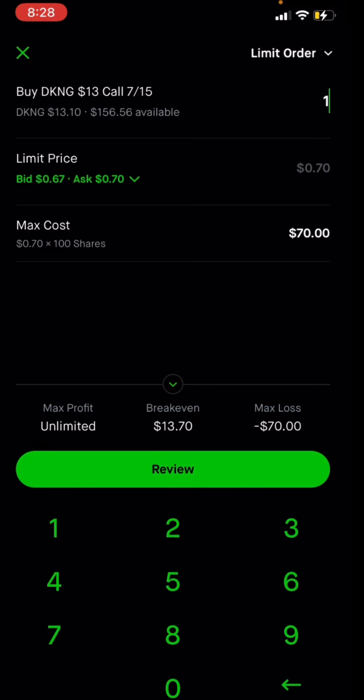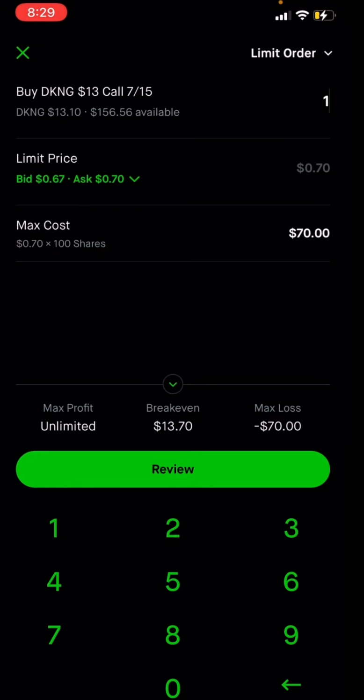So if this dropped all the way down to zero, the most I would lose is $70. And usually with option profits, every time a market goes anywhere up $1 to $2, and especially with an in the money contract, you will gain anywhere from 100 to 200 bucks just off of that contract, depending on the market as well, right?